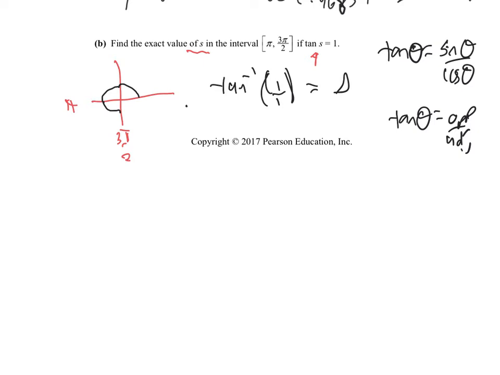I hope you see that it has to be a 45, 45, 90 triangle. 1, 1, square root of 2. So it has to be some sort of 45-degree angle. S is some sort of 45. And in that interval, I could literally draw one right here.